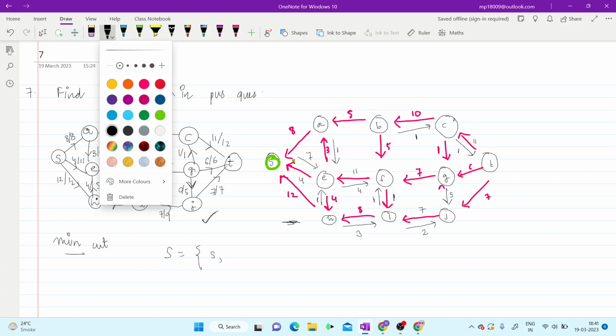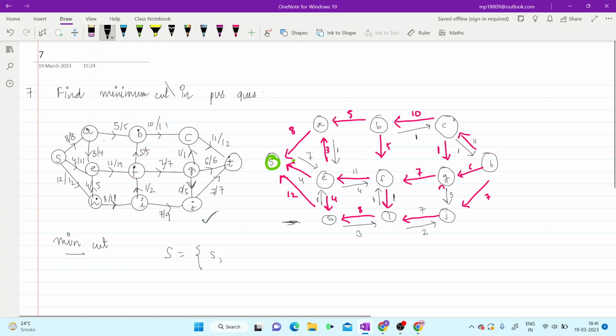Is there a path from S to E? Yes, the edge SE itself. So this will also be here. Is there a path from S to H? Yes, S to E, E to H. Very good.